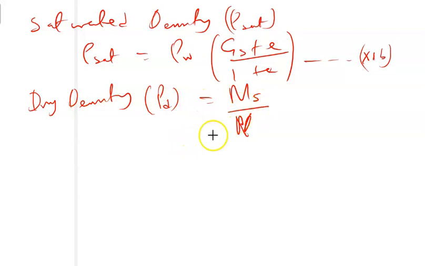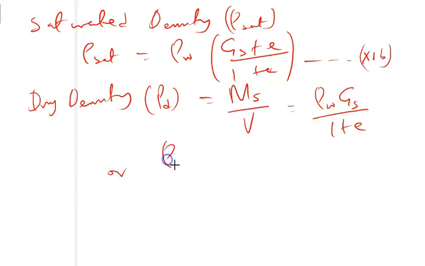Bulk density is always mass over total volume, and this will be equal to mass of solid, density of water times the specific gravity of solid over 1 plus e. We can also say rho B, bulk density, over 1 plus w. So this is our equation 11c.